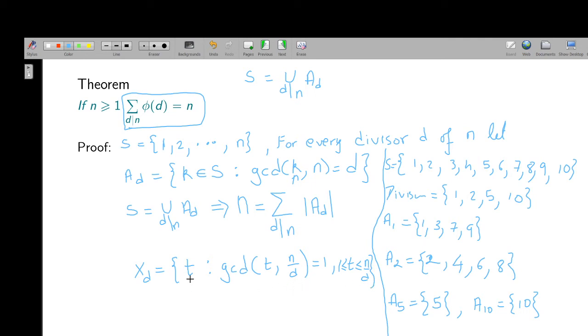You're taking the set of all those points which are less than N by D and relatively prime to N by D.